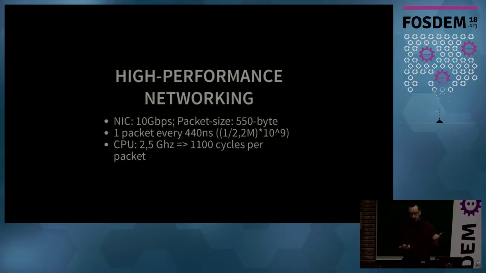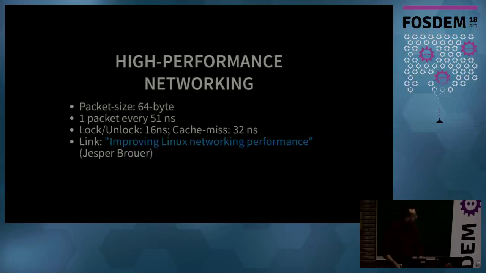For example, if we are using a 10G NIC, dealing with packets of 550 bytes, every 440 nanoseconds a new packet hits the NIC. If we want to process all these packets with one single core at 2.5 gigahertz, that means we have 1,500 cycles per packet for a network function. That's our budget. And this gets worse if the packet is smaller.